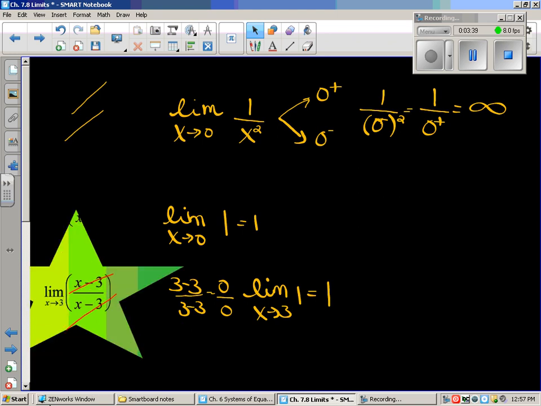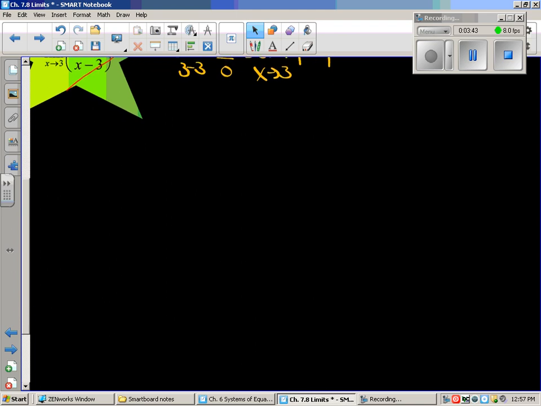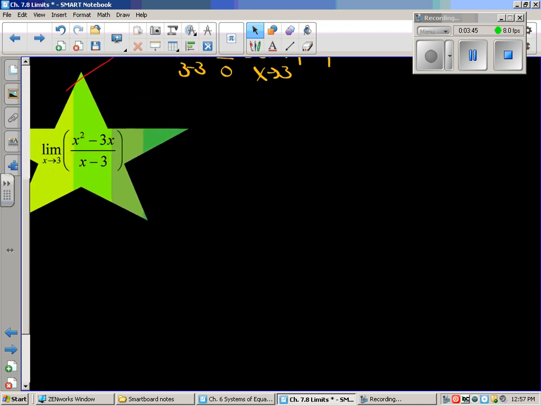All right, let's throw this puppy down. Plug 3 in again. You have 9 minus 9 on top, or 0 over 0. So we want to simplify, and I hope that you can easily see that this factors, and the x minus 3's once again divide out. So this question, although it looks quite similar to the one above, ends up being the limit as x approaches 3 of x.